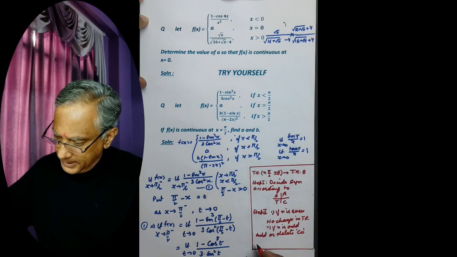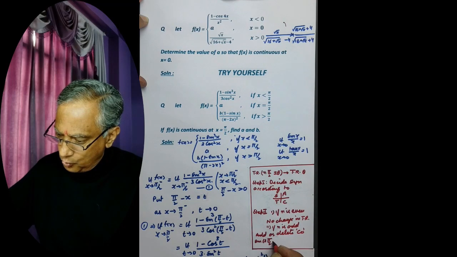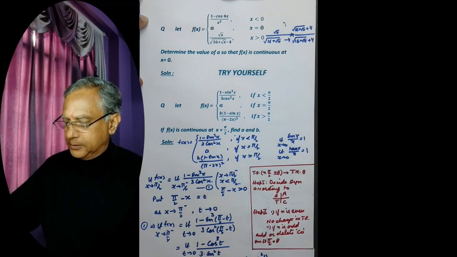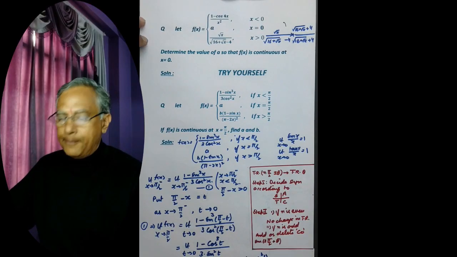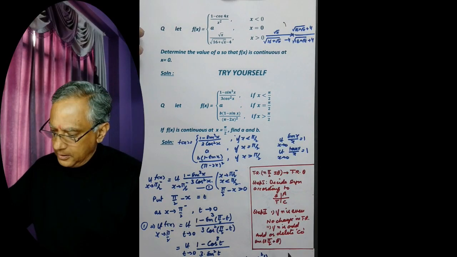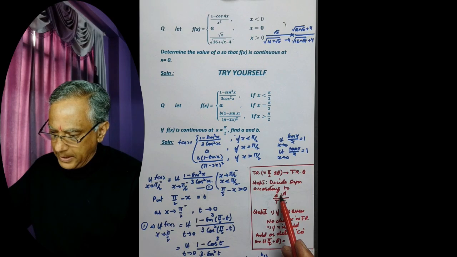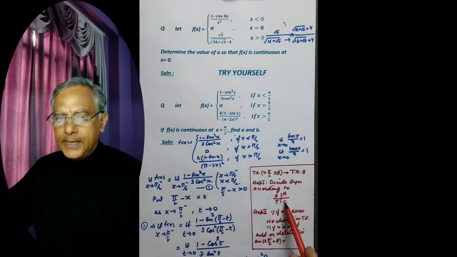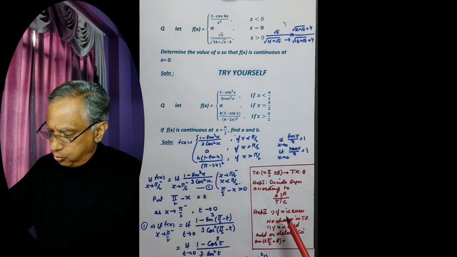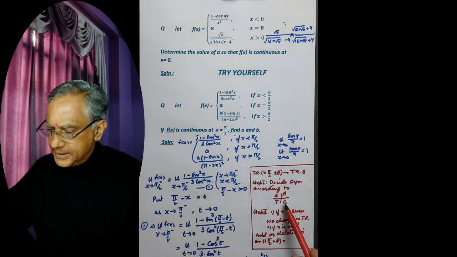For example, say sine of 3 pi by 2 plus theta. This is pi by 2, 2 pi by 2, 3 pi by 2. 3 pi by 2 plus theta is in fourth quadrant. In fourth quadrant, sine theta is negative.